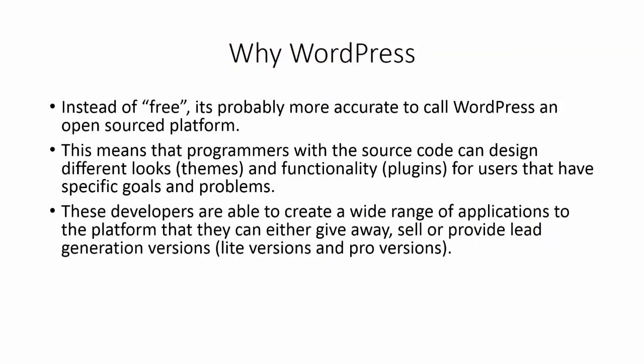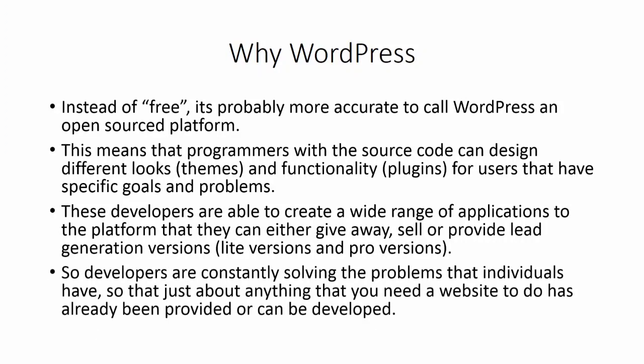These developers are able to create a wide range of applications for the platform that they can either give away, sell, or provide lead generation versions, which they call the light version, and then allow people to upgrade by paying for the pro version. So developers are constantly solving the problems that individuals have, so that just about anything you need a website to do has already been provided or can be developed.